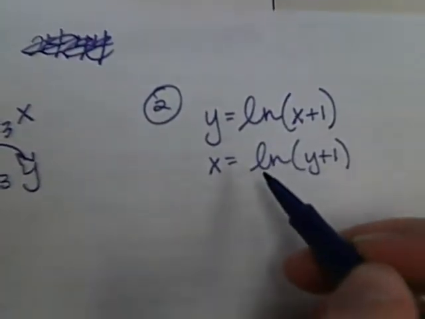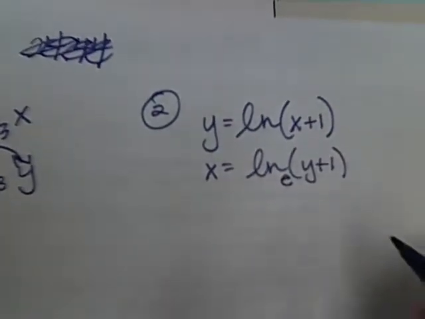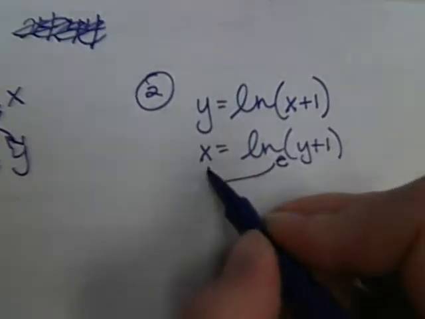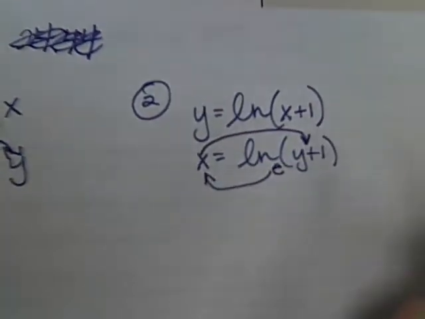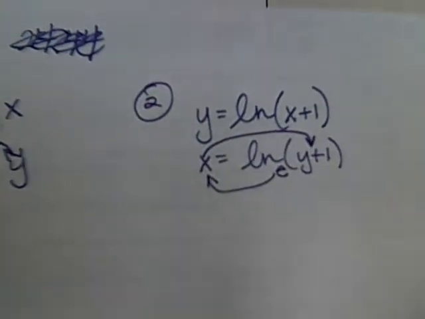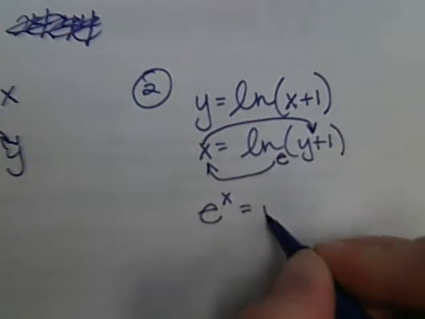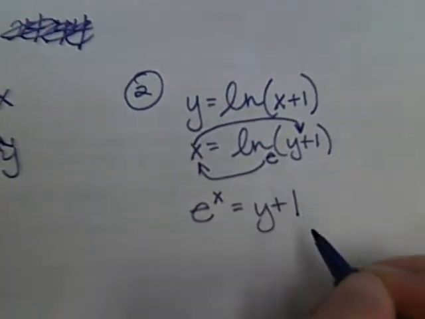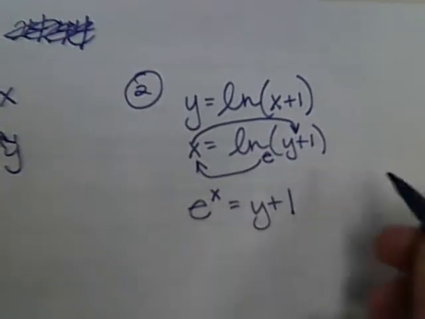Now, this is a natural logarithm, so remember its base is e, even if I can't see it, so we're ready to write this as a power. e to the x equals, this time it's going to be this entire thing that was being logarithmed, okay? So we have e to the x equals y plus 1. Now remember, my goal is still to get y by itself, so now I can subtract that 1 over.